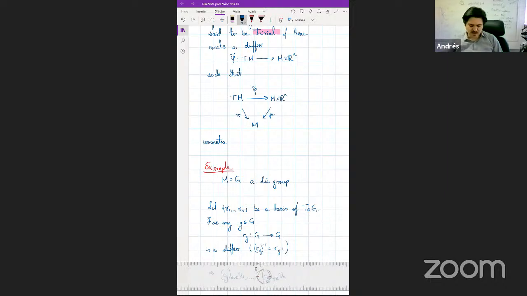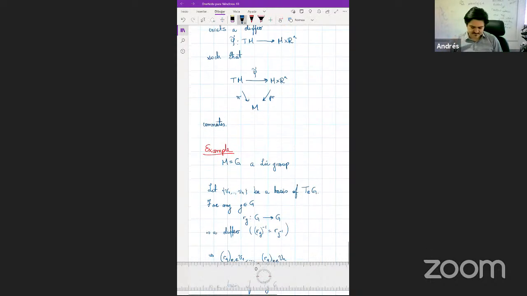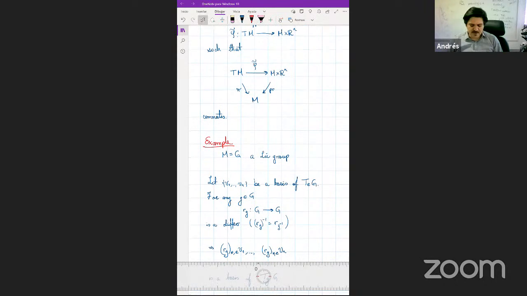Okay, so that map is a diffeomorphism. In particular, if I take the differential, that will give me a non-singular linear map. So I'm going to take the differential at the identity.